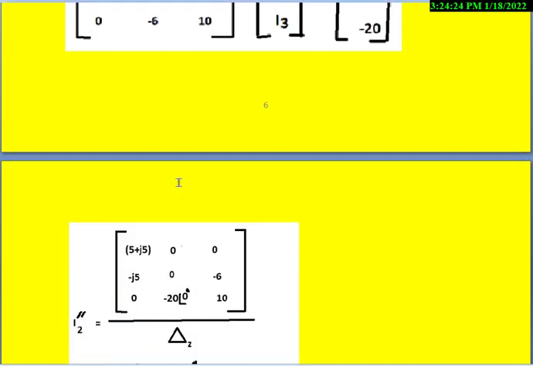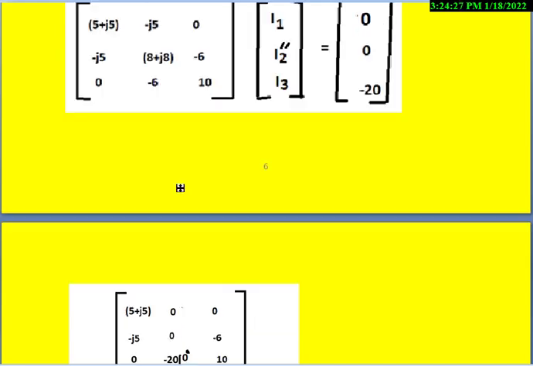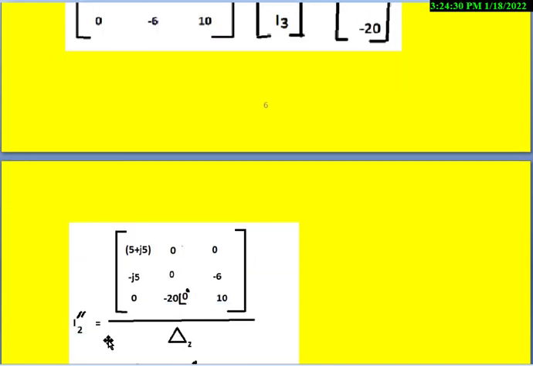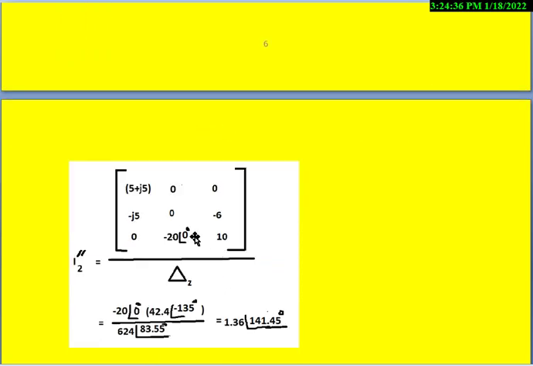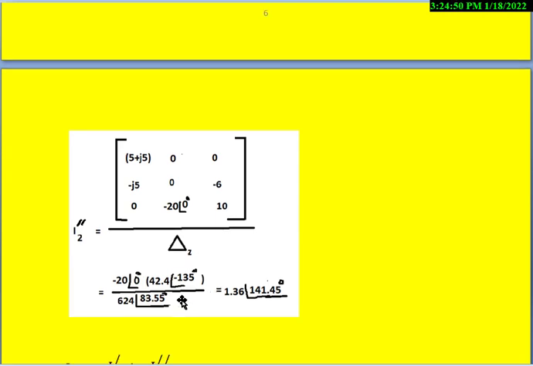So let us calculate that I2 double dash first. We write the equation like this, replacing the second column with the right hand side matrix. Then we get 5 plus J5, minus J5, 0; 0, minus 20 at an angle of 0 degrees; 0, minus 6, 10; divided by delta Z. This delta Z we already calculated, so we put that value here, and when we simplify the numerator we get minus 20 into 42.4 at an angle of minus 135 degrees.